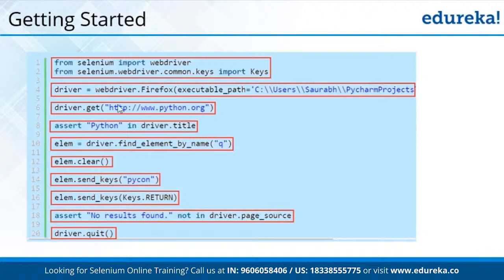Driver is a variable over here. webdriver.Firefox helps us say that, hey WebDriver, I'm interested in running a browser which is the Firefox browser, and please execute it. Please start it. You also have to tell the system that my browser exe is placed over here. That is basically your driver exe.